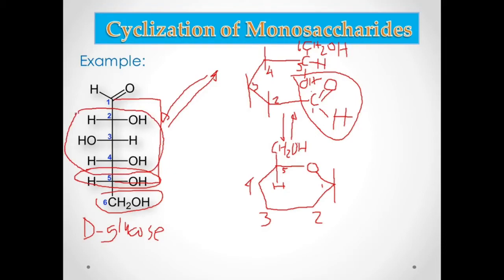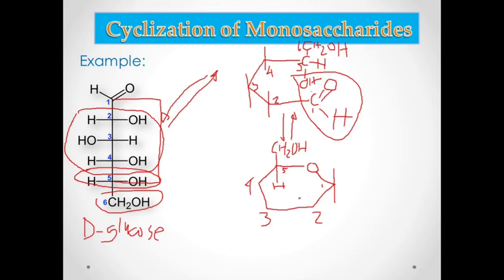In the Fisher projection, if the OH is found on the right, then on the cyclization, or in the Walter-Haworth projection, the OH will be found at the bottom.